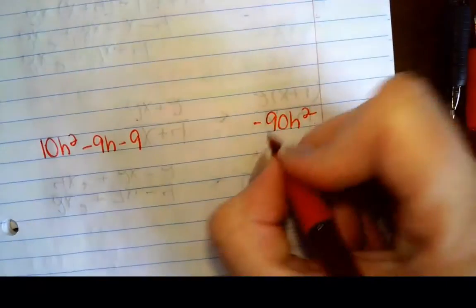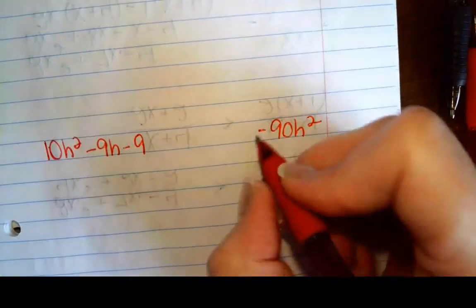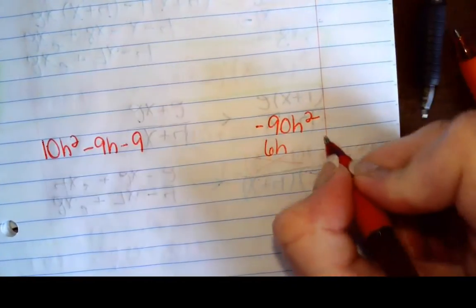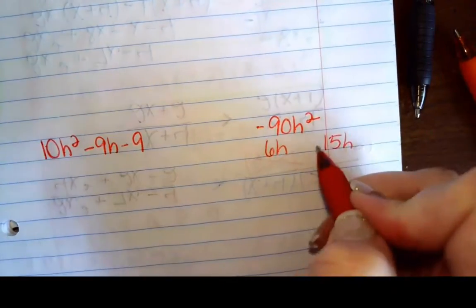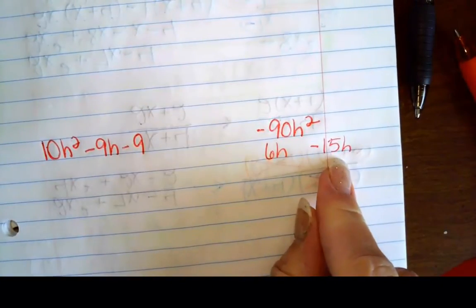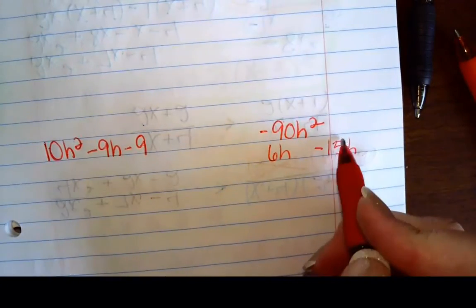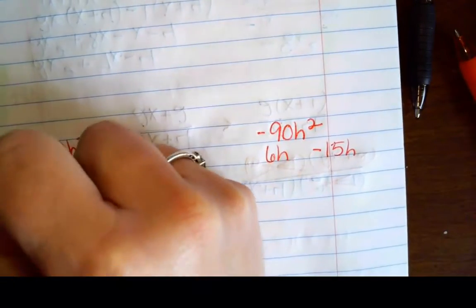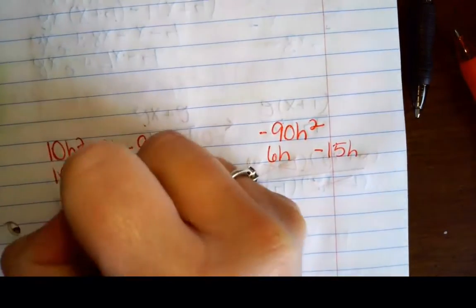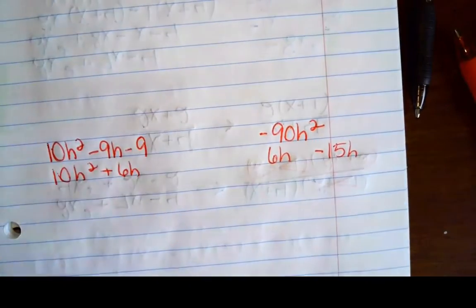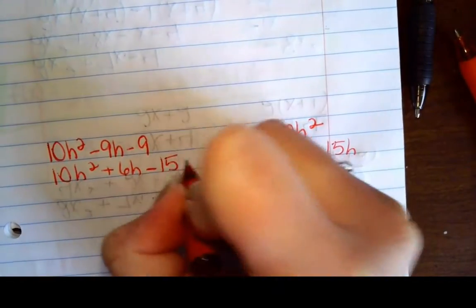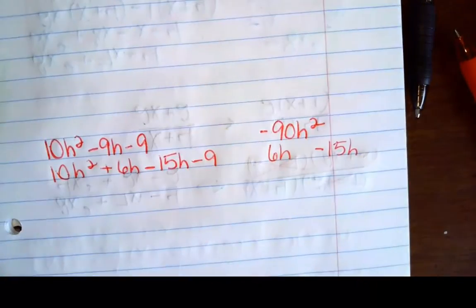All right, so as I rip through these factors, I find out that I can get a 6h and a 15h and take the sign of the bigger number. So I just made my little list of factors, and these are the ones that worked. So that gives me a 10h squared, a positive 6h, a negative 15h, and a negative 9.